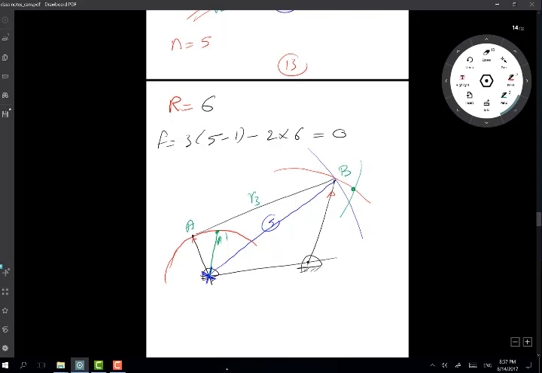And if everything was fine, then without link number 5 added, this would have been the new position of the linkage. This is the new position without link number 5. So if 5 was not added, this would be the situation.